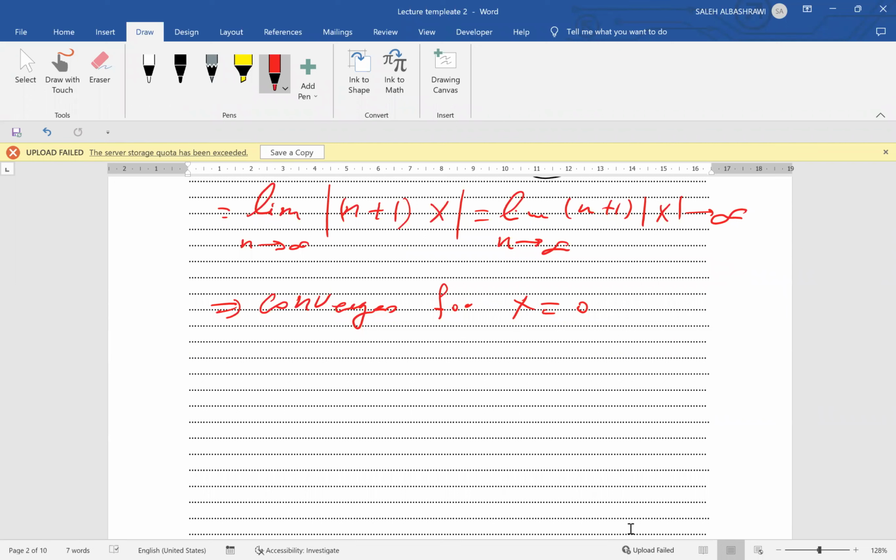So this will only be convergent for x equal to 0.